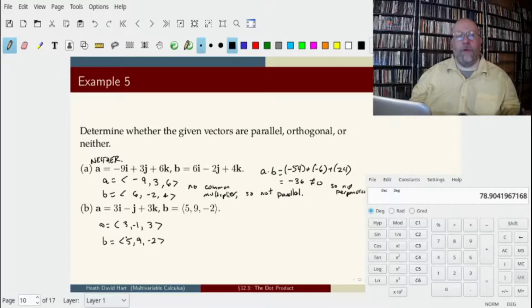If there were a common multiplier, it couldn't be positive because a positive number wouldn't cause a sign change here, but it couldn't be negative because a negative number would cause a sign change here. And so there's no common multiplier, and so these are not parallel.